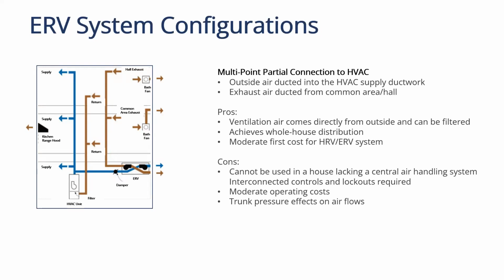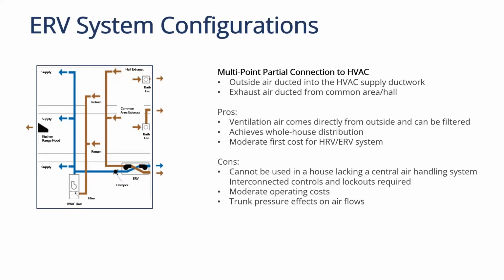The cons here are that you have to have a central air conditioning system or a central air handler or a vertical package unit. It is a moderate operating cost, and there are some concerns because you're integrating the airflow from the ERV into the supply and return on the unit, there could be some infighting within the ductwork for some pressure considerations that you just have to make sure are addressed so that you're still providing the proper airflow and comfort to the entire space.